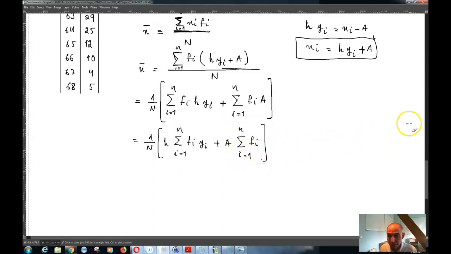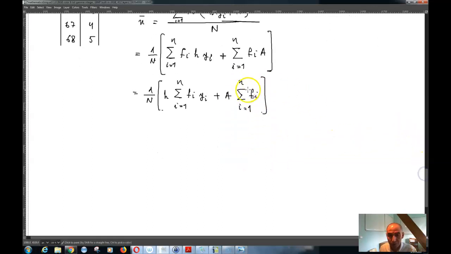Now you know that sigma f of i as i goes from 1 to n is equal to n, the total number of observations, which is all the frequencies added together.